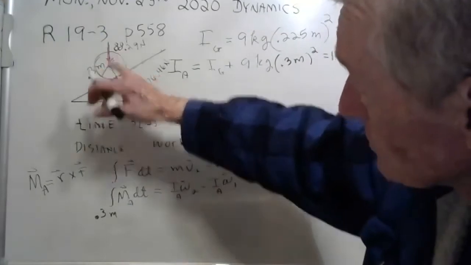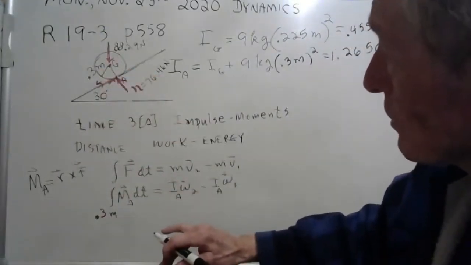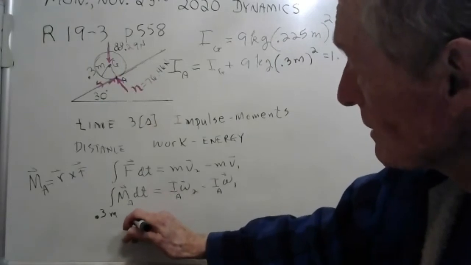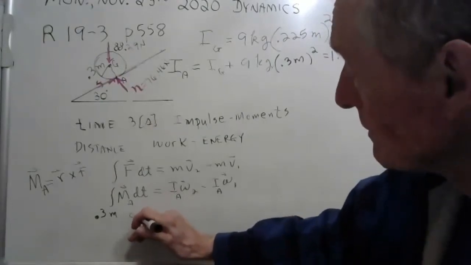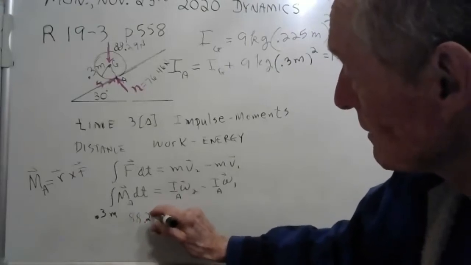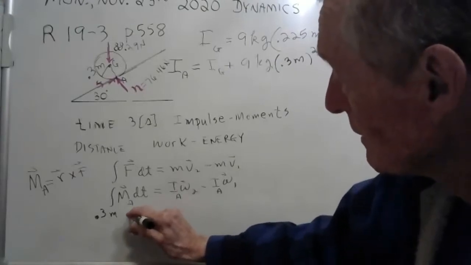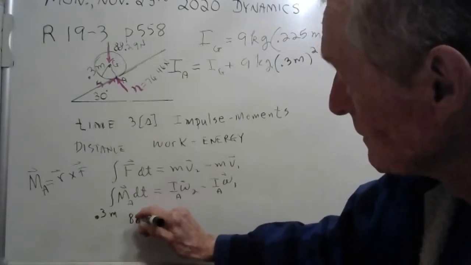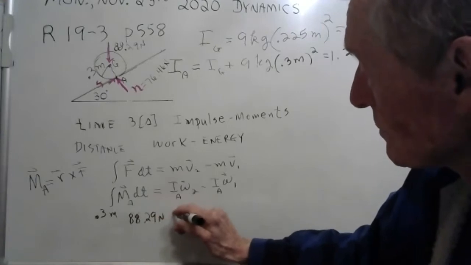But this one does. That moment will be 0.3 meters times 88.29 newtons times the sine of 30.